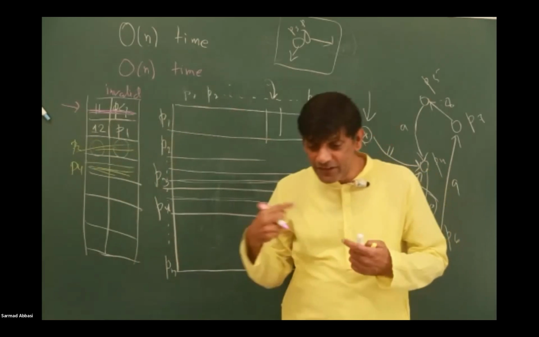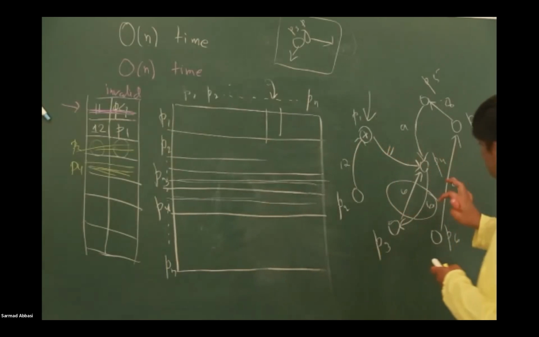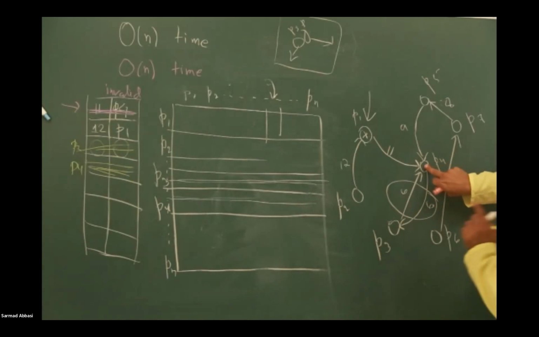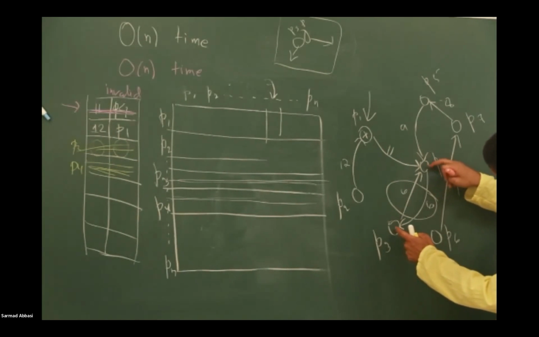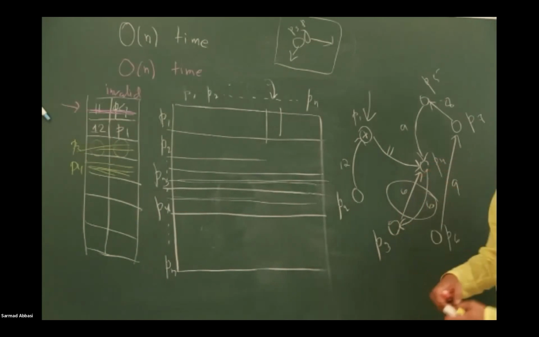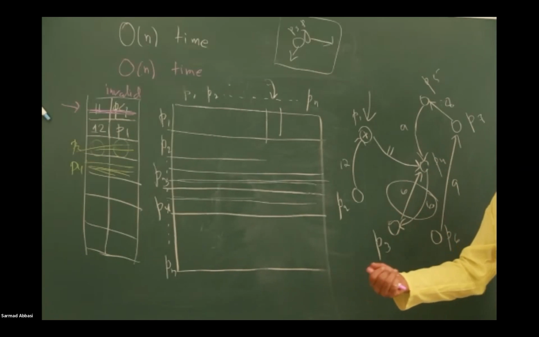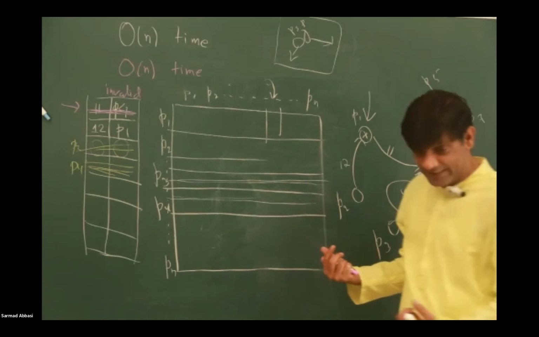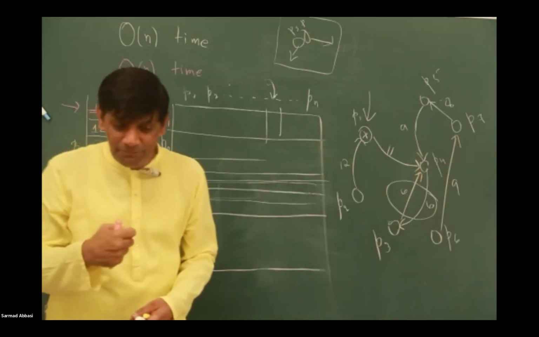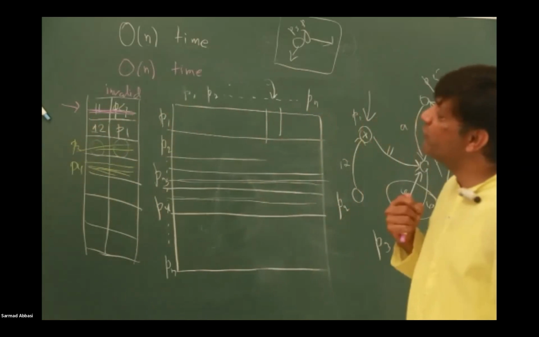Because P4 and P3 are no longer moving in the same direction as they were, not only are the arrows going out of them invalid, but all the arrows coming into them are also invalid. And that begs a beautiful question.